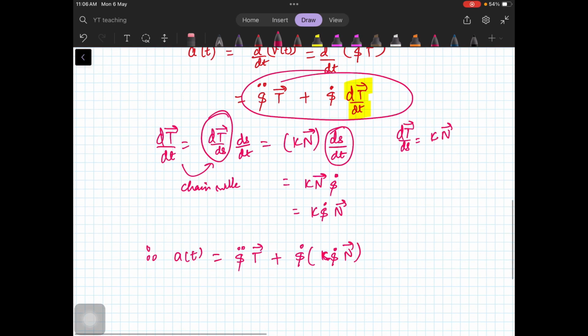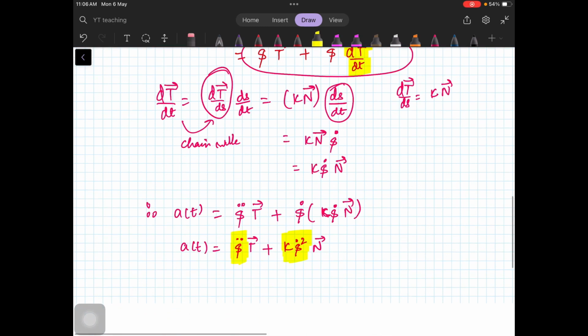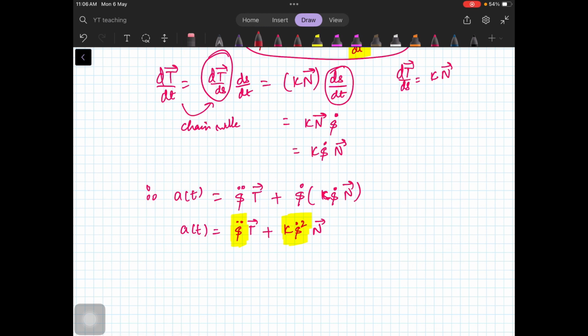So we get that acceleration is s double dot T vector plus kappa s dot square N vector, right? So we get tangential and normal components of acceleration, and you can see that there is no binormal component here also, right?